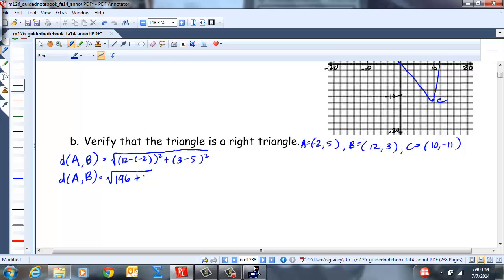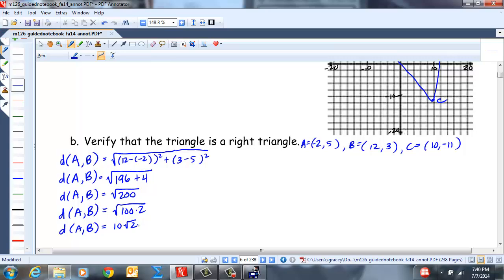And -2 squared is 4. So the distance between A and B will be √200. So simplifying, we're not doing decimals on this guy until we get to the area. 200 is 100 times 2. So the exact distance will be 10 √2, because 10 squared is 100.